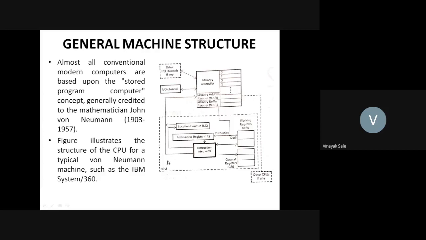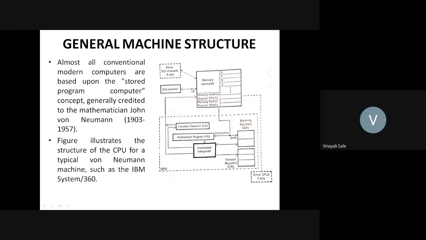So this is a general machine structure we have seen in the previous lecture. The main part of this structure is the memory controller. This is the memory management, which has three main parts: memory controller, memory address register, memory buffer register.